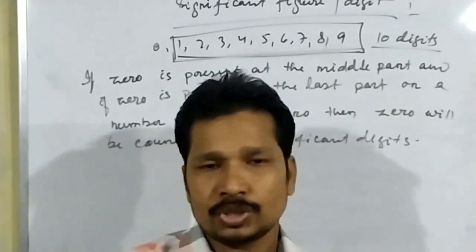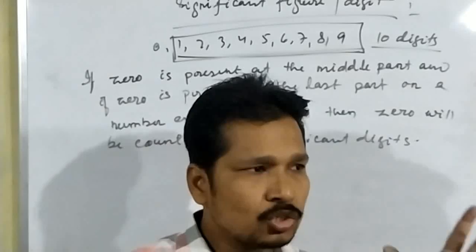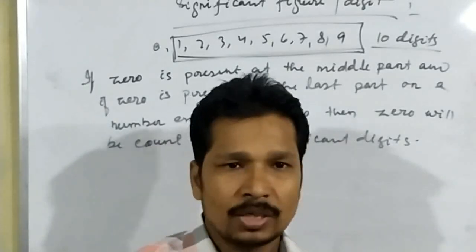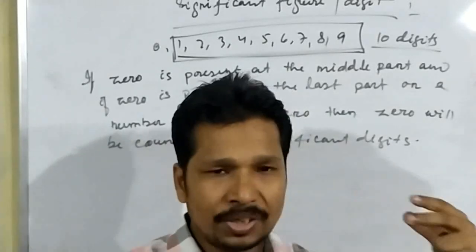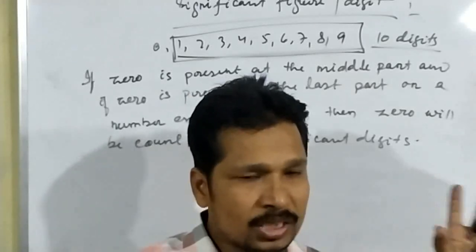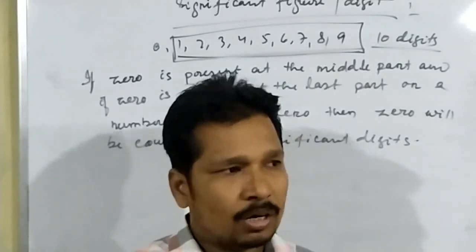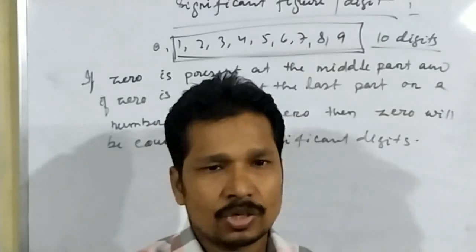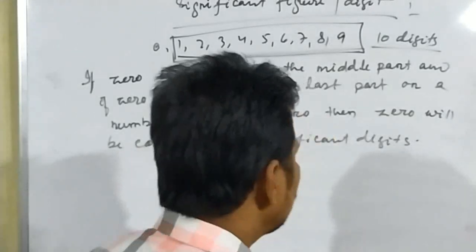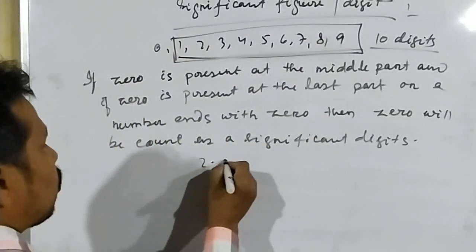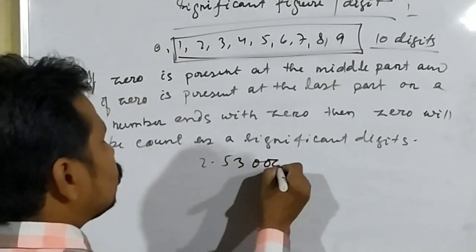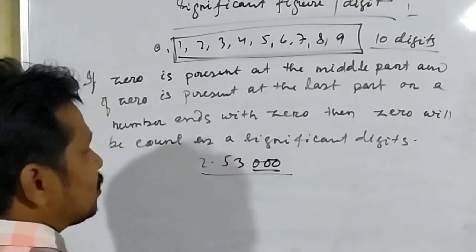Now another question will arise: if 0 is present twice, thrice or 4 times, then will we count that many 0 as significant digits, or only once? Suppose for an example we have 2.53000. So here 3 zeros are present.